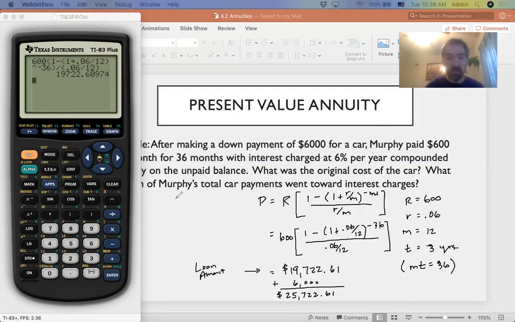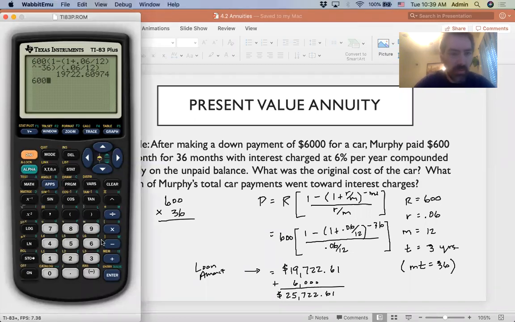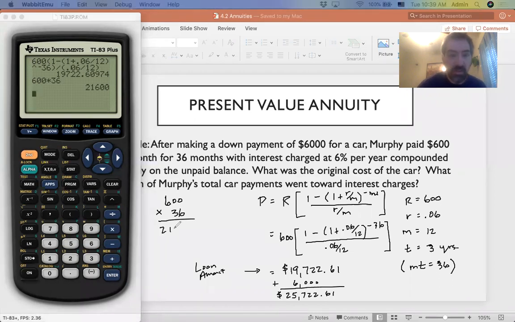If you multiply that together, 600 times 36, that's $21,600. That's how much he made in payments.